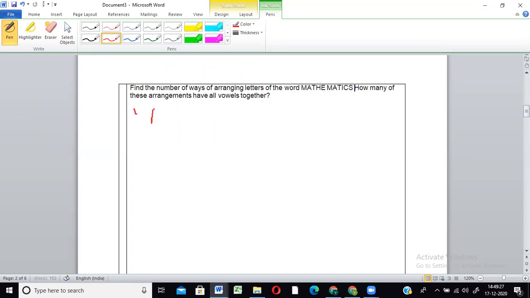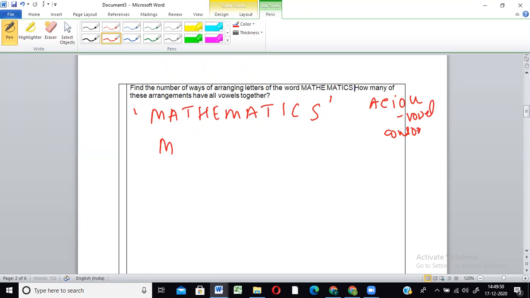So here we have MATHEMATICS. How many consonants are there, how many vowels are there? We're going to separate them out first. A, E, I, O, U are all vowels, and whatever else there is besides A, E, I, O, U, those are called consonants. So let us separate them like this.